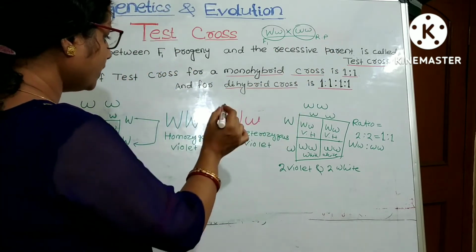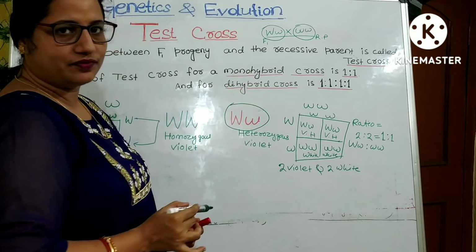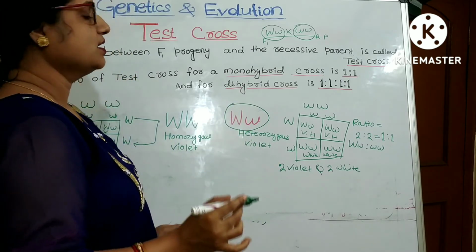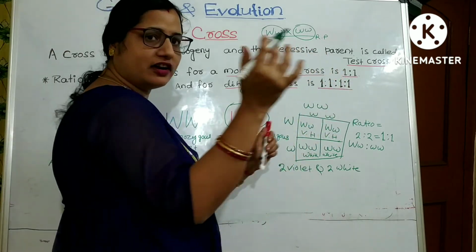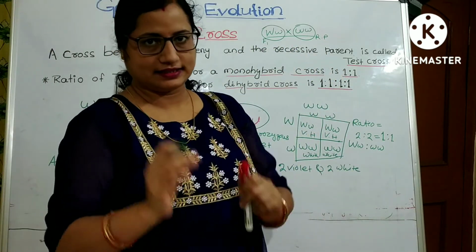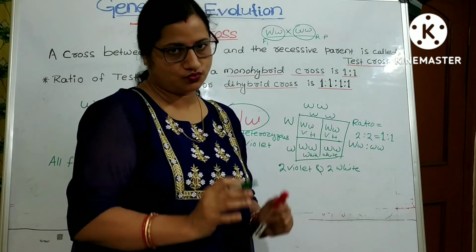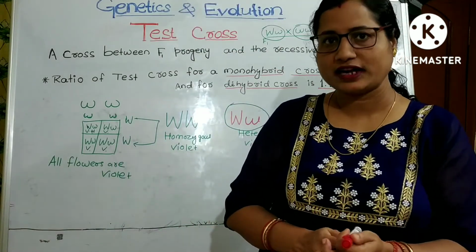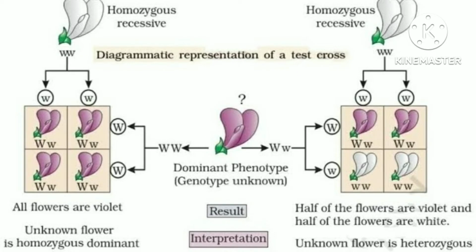When the dominant phenotype is present in a heterozygous condition, then the results in the progeny are half dominant, half recessive, in the ratio 1:1. If the dominant phenotype is present in a homozygous condition, then all flowers are violet.